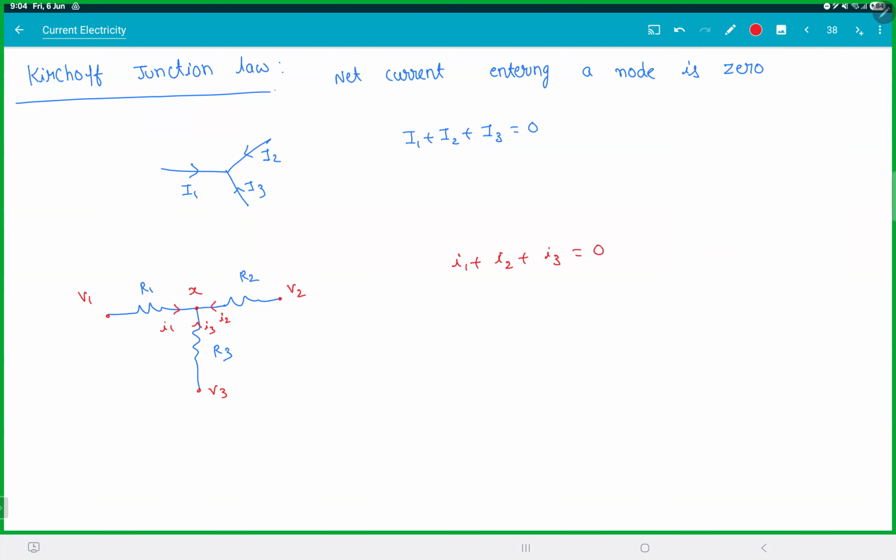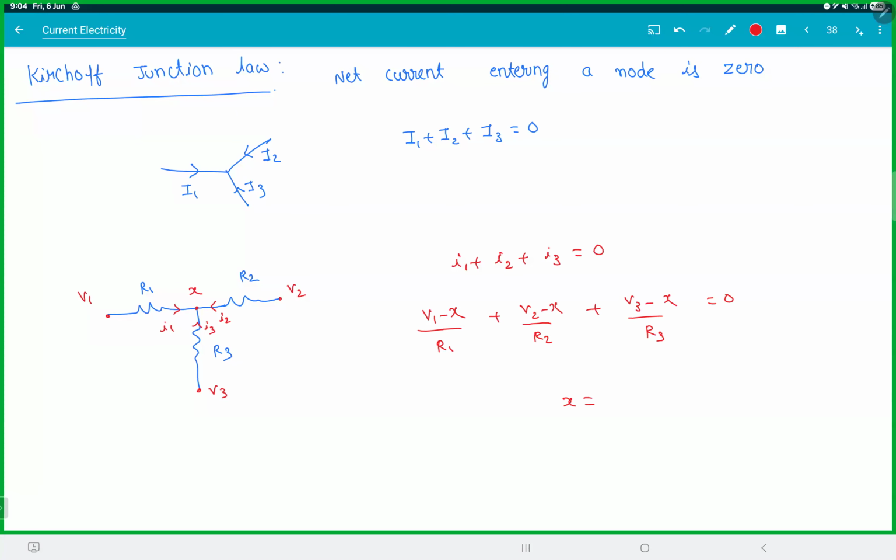What is the current formula? Potential difference by resistance. Current always flows from higher to lower potential. So you're saying current is going from V1 to X, meaning V1 is higher than X. So I1 is V1 minus X by R1, I2 is V2 minus X by R2, and I3 is V3 minus X by R3, and the sum is equal to 0. Get X from here, substitute, you'll get the currents.